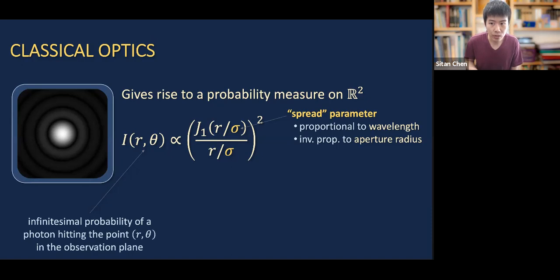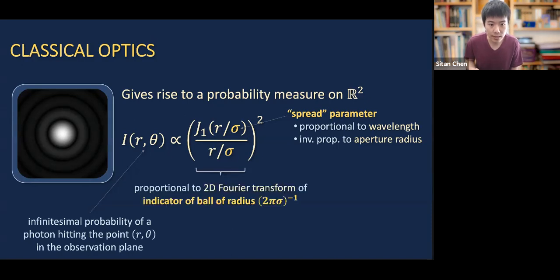The main takeaway should be that this quantity inside of the square is proportional to the Fourier transform of the circular aperture. In particular, it's the 2D Fourier transform of the indicator function of an origin-centered ball with a radius that depends on the spread parameter sigma. You can ask, why is there a square in front of this function?